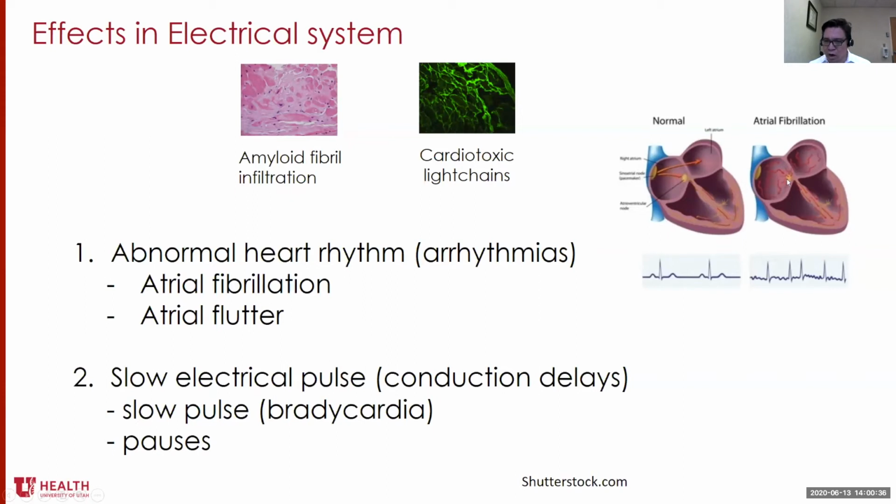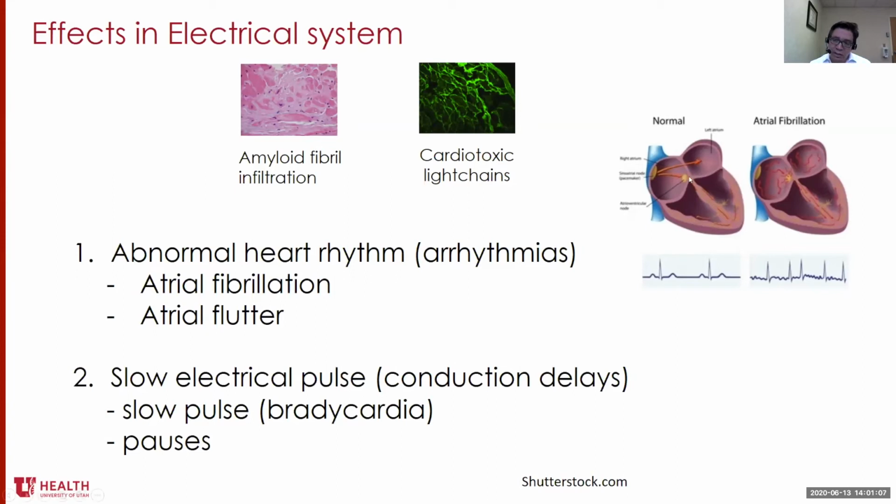Instead of one at a time, there are now multiple electrical impulses at the same time. Now your heart gets out of sync. Instead of a regular contractility, it has irregular contractility. We call this atrial fibrillation or atrial flutter, and that's because the amyloid also affects the upper chambers of the heart, the atrium.